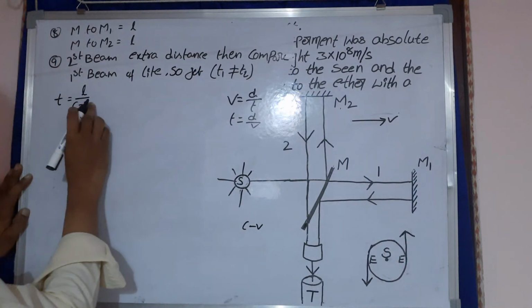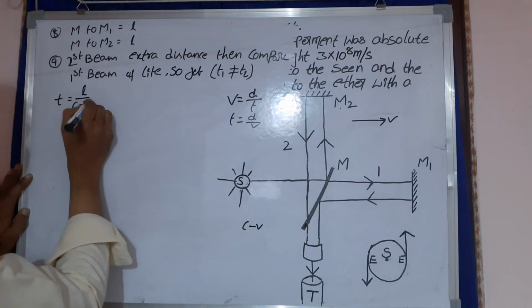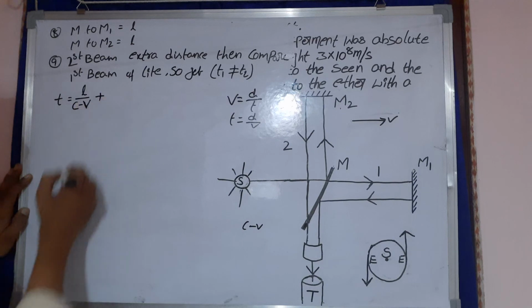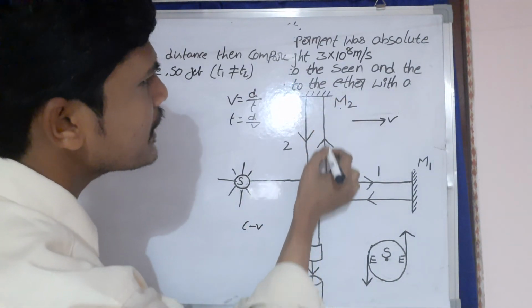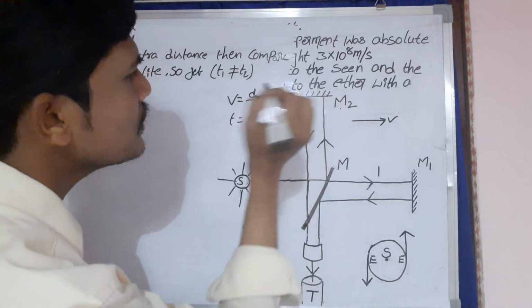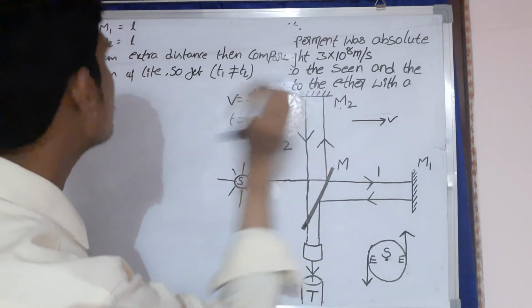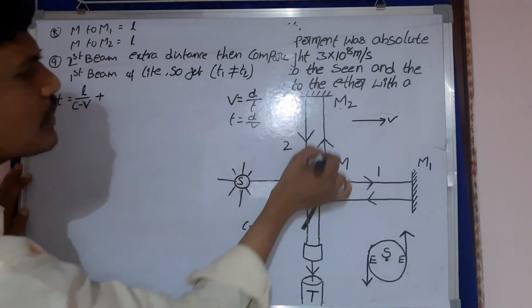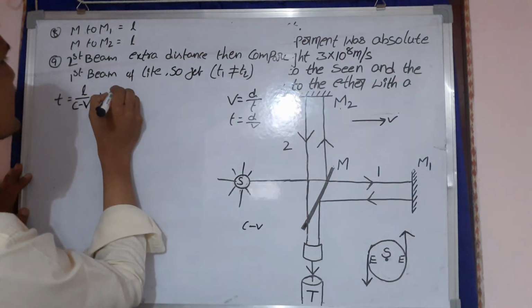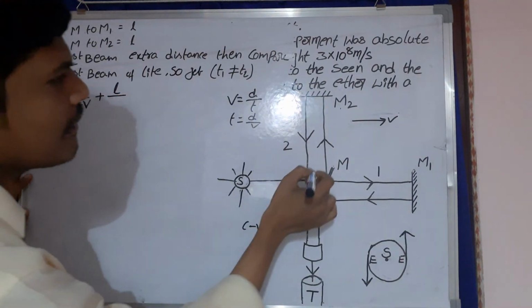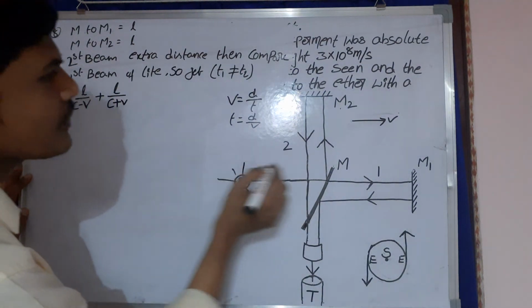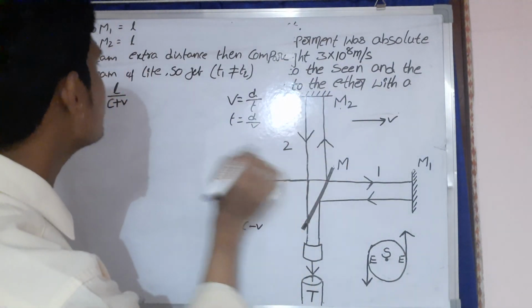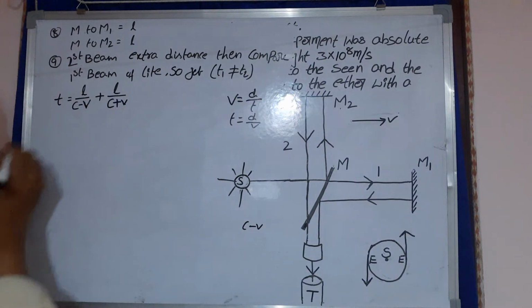Then the beam travels to M2, total distance L, with velocity c plus v. Reflected means negative, so minus v.